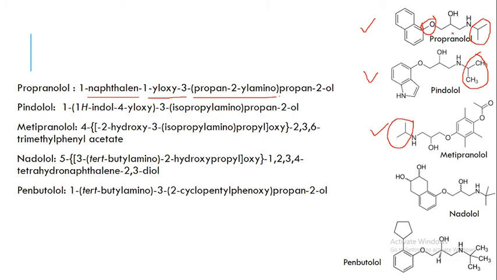This is the one, two, and three positions. At the second position there is a substitution. This is the third position where this group is attached, and 2-propanol is the side chain. By this way you can give a nomenclature of the beta antagonist.